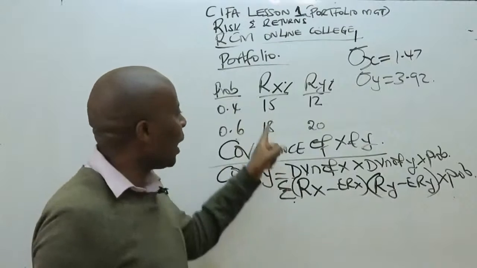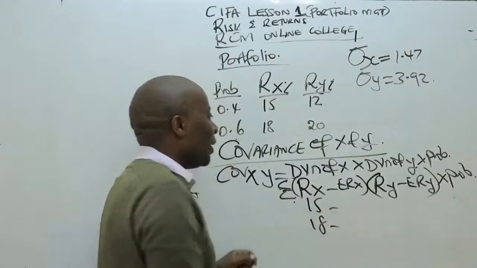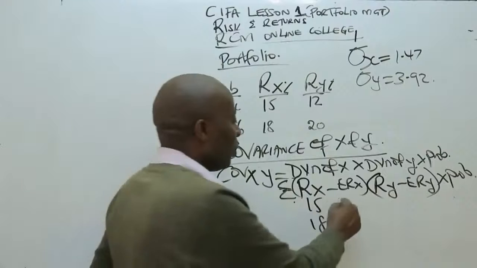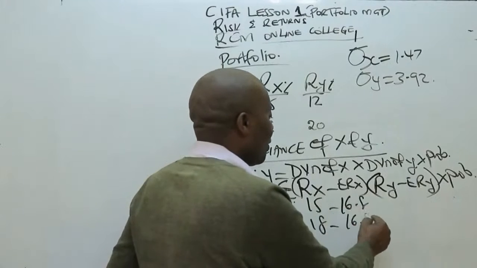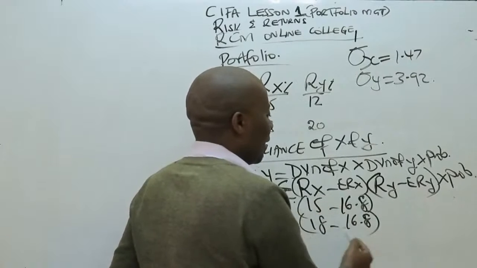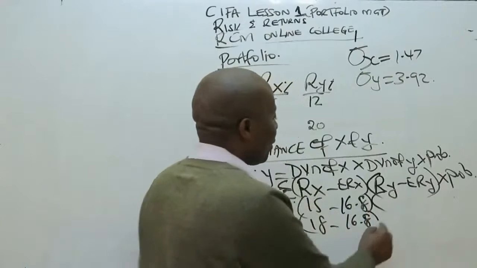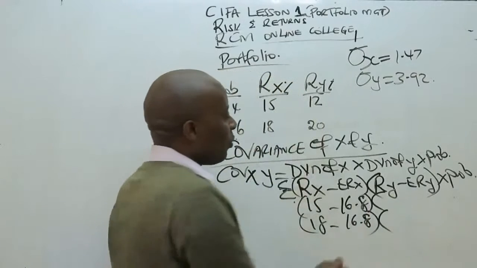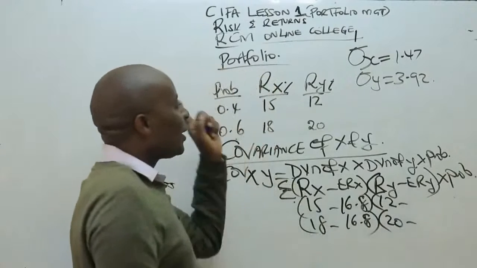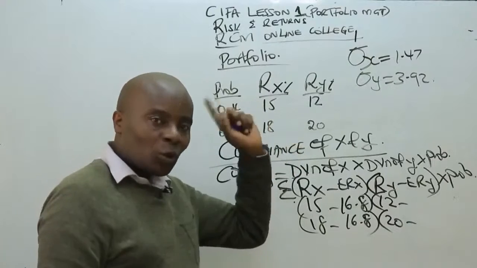So come right away here and pick the actual returns. The actual returns of X, I have them here. We have 15, 18 minus expected returns. We have obtained them up there. Expected return here was 16.8. Remember, expected return doesn't keep on fluctuating. So come and pick the actual returns of Y. The actual returns of Y, we have 12, we have 20, minus expected returns of Y. We found that in part 1 of this question.